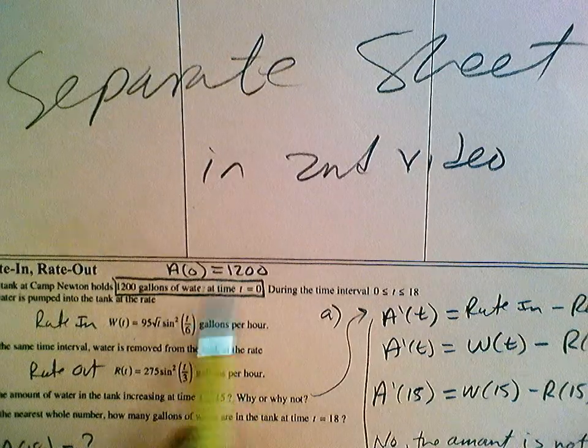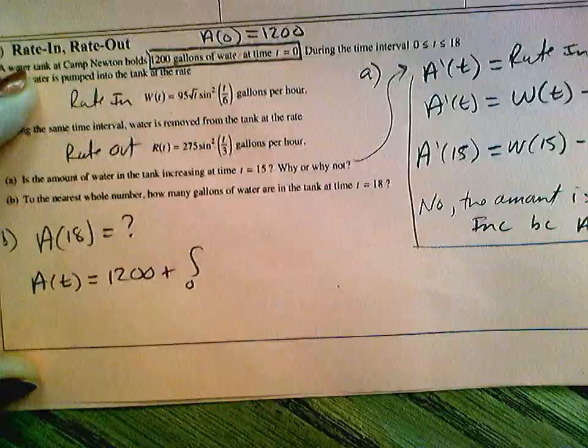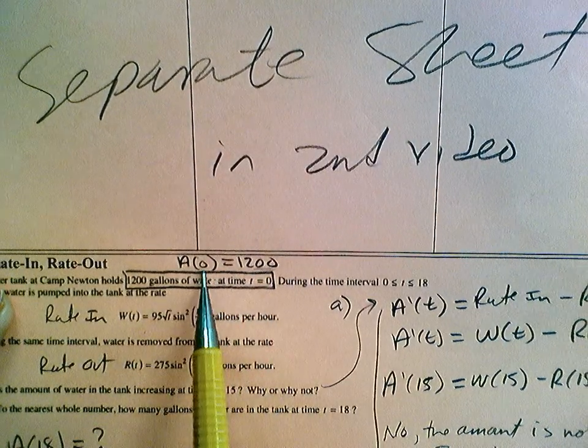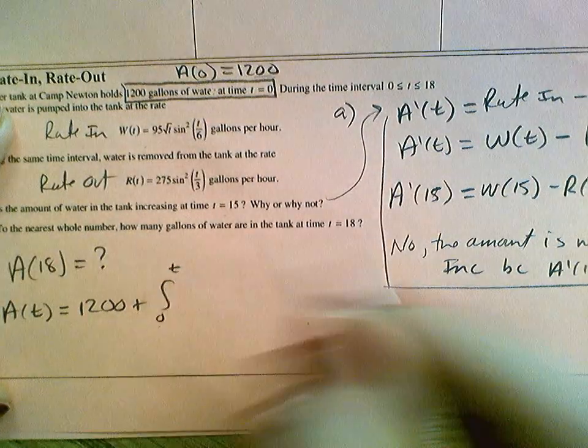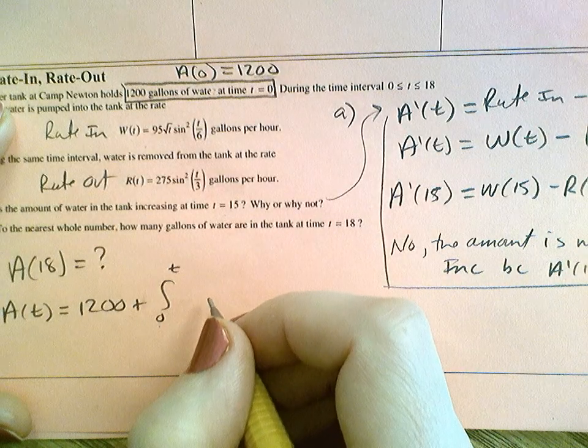So we know A of 0 is 1,200. So 1,200 plus the integral from, so whatever input gave you this has to be the lower limit to t.